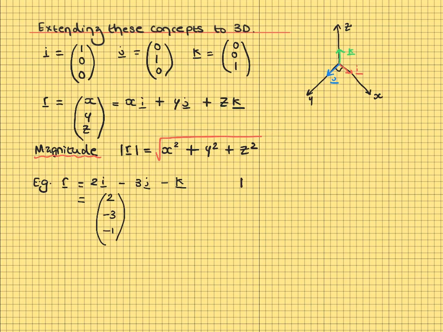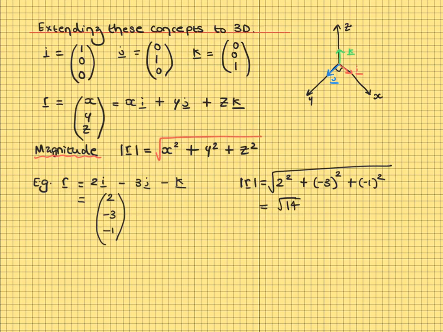Now if I want to work out the magnitude of that vector, I would work out 2 squared, and again this can be -3 or 3, it doesn't really make any difference. There we go, and then square root this, which gives me root 14 in surd form.